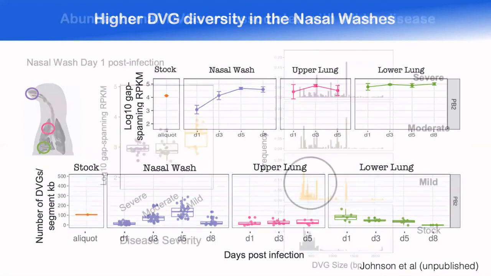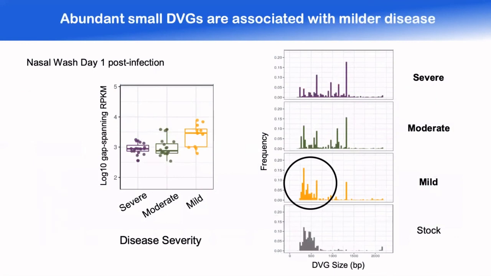However, when we looked at the DVGs at day 1, and then we knew what happened to these ferrets at day 5 or 7 or 8, whether they had a severe disease, we saw that the mild group had early on a lot of these very short DVGs. So this is interesting because DVGs can be interfering.